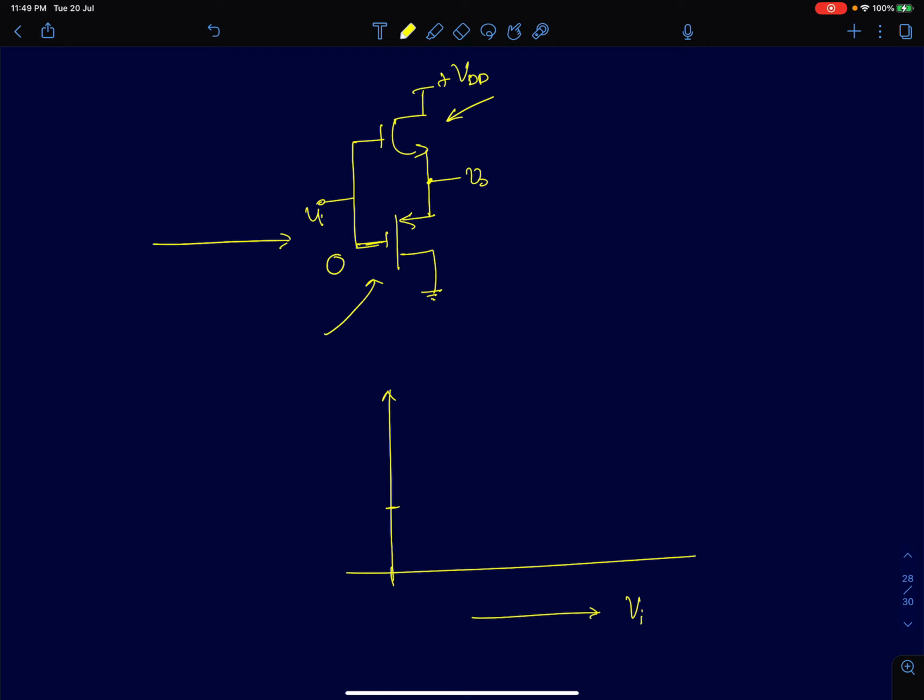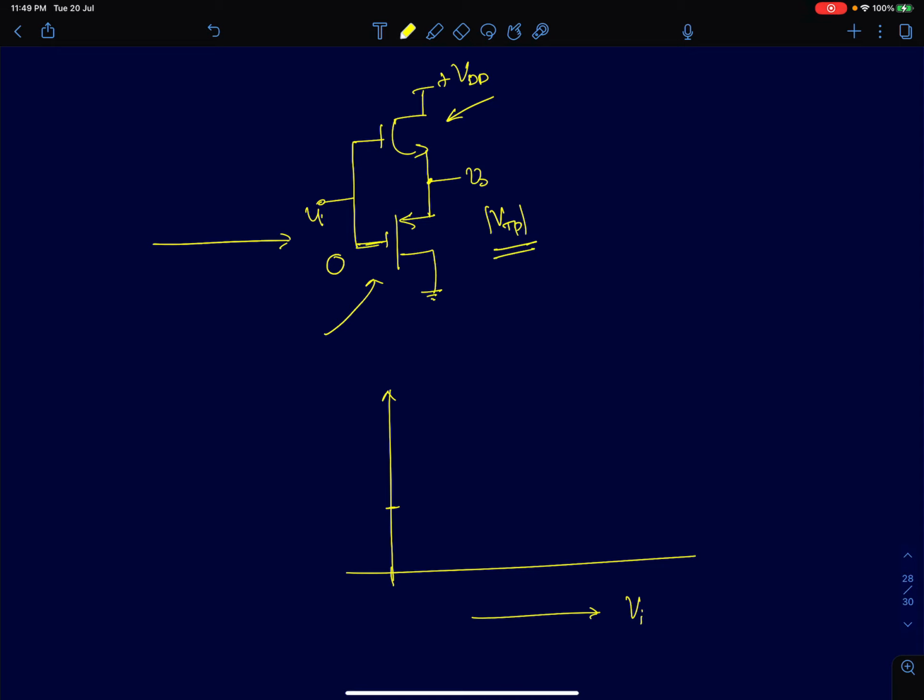Initially, let's assume the output was at VDD. It's the PMOS which is going to behave as the discharging path. And when the output voltage reaches mod VTP, the threshold voltage of the PMOS device, the PMOS goes into cutoff and there is no other path for discharge. So the minimum voltage I'm going to assume is mod VTP.